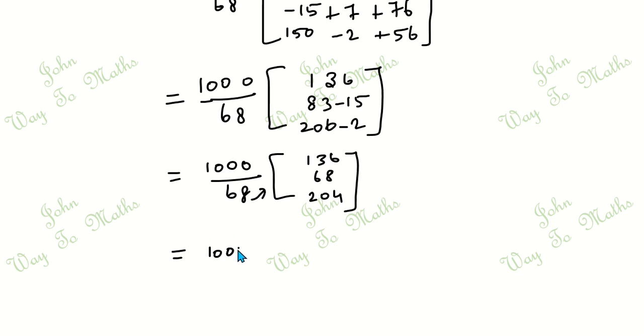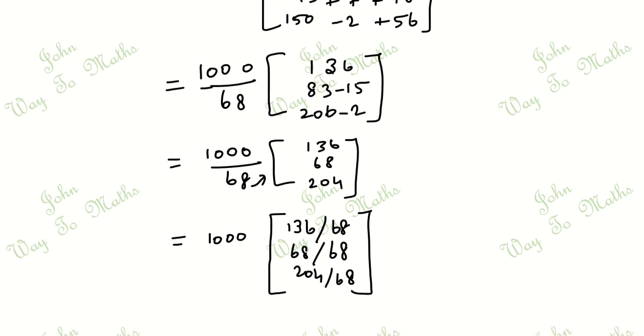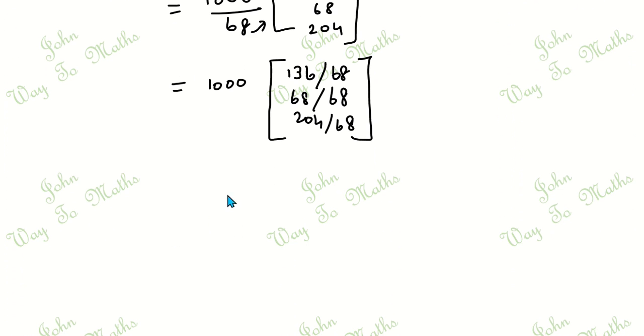So 1000 into 136 by 68, then 68 by 68, then 204 by 68, which is equal to here 1000.